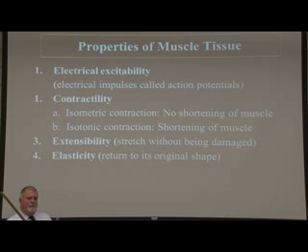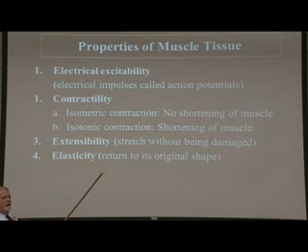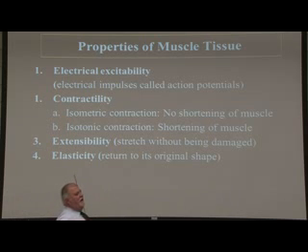Okay. So when we think about those contraction patterns, most of our postural muscles spend all day long doing isometric contractions. And then when we want to change body position, we have to do isotonic contractions, which is where the muscle shortens itself. Okay. So unless you want to go around all day like this, you have to be able to stretch your muscle back out.